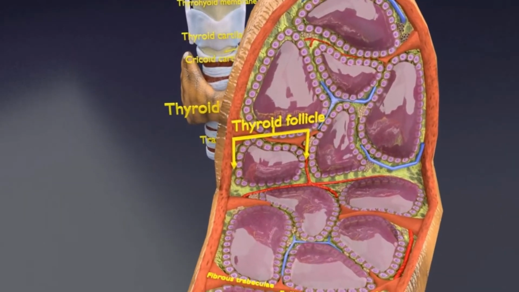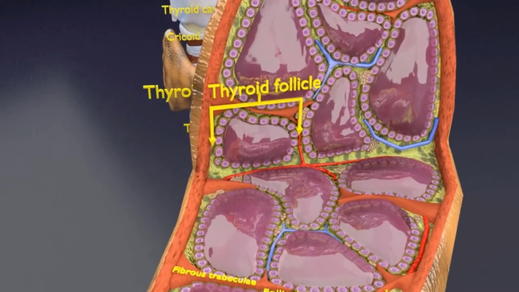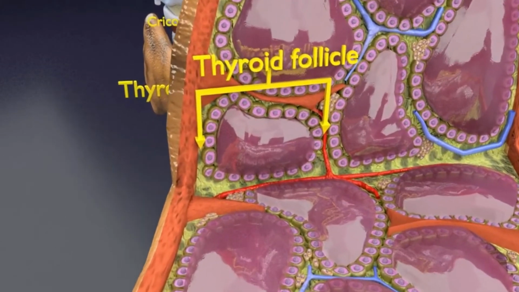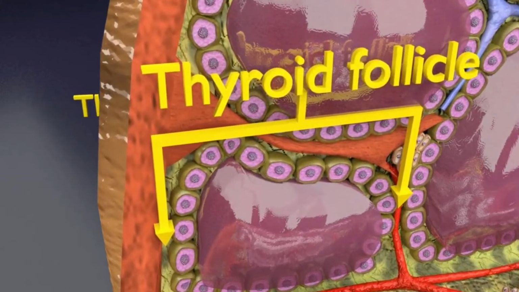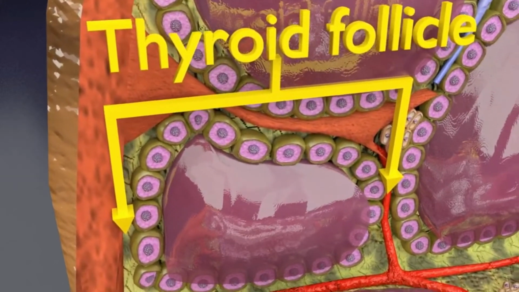This is a single thyroid follicle, which is the functional unit of the thyroid gland. The thyroid follicles, as shown here, enclose a cavity called follicular cavity.